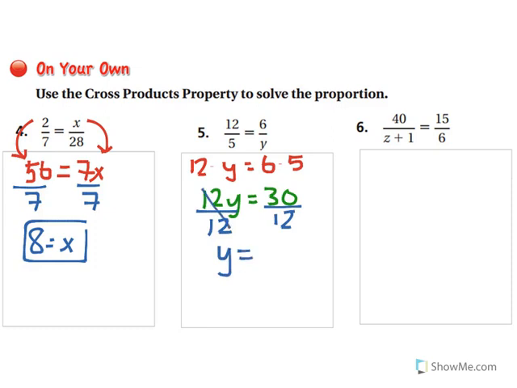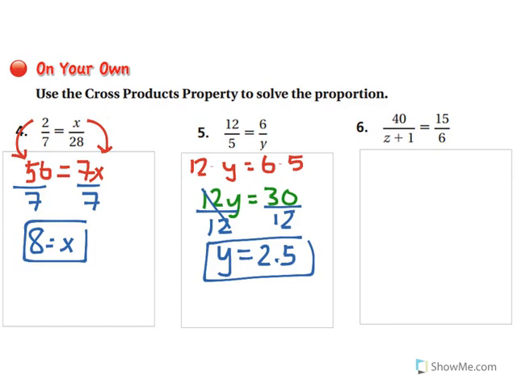And the 12s cancel out, I get y, and then you divide 30 by 12 in your calculator. If it's a terminating decimal, you can use it. If it's not, you have to write it as a fraction. And so it actually becomes 2.5, so you may use that. So y equals 2.5.